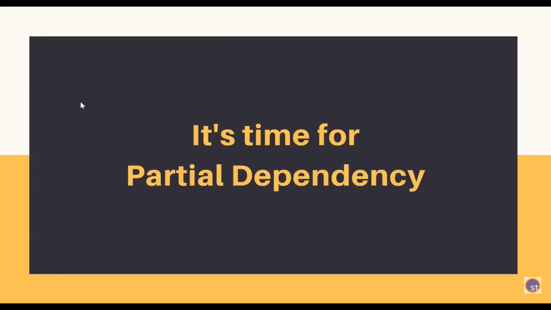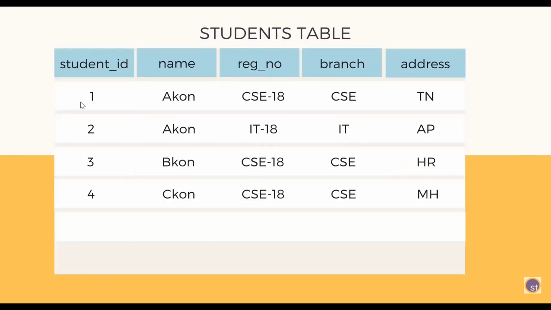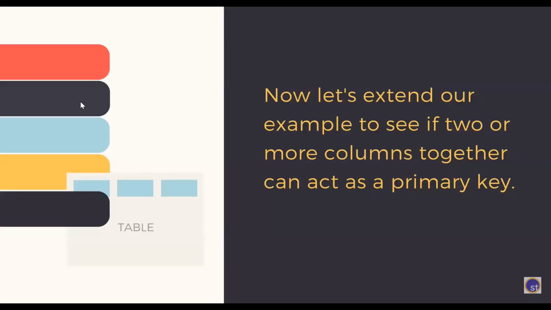Now that we know what dependency is, we are in a better state to understand what partial dependency is. For a simple table like student, a single column, which is student ID, can uniquely identify the complete row. But this is not true all the time. Now let's extend our example to see if more than one column together can act as a primary key or not.